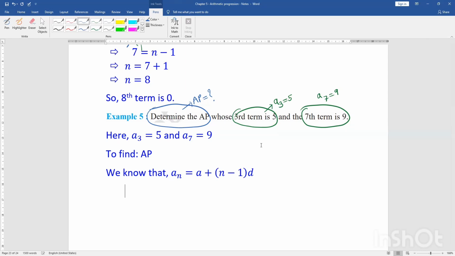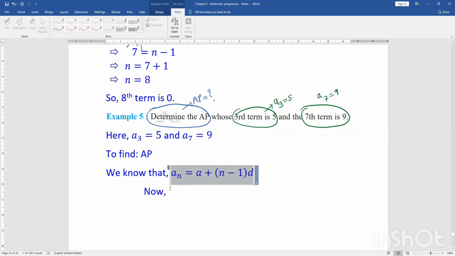Now what I'm going to do is write this one. So what is A3? For A3, what do you write?